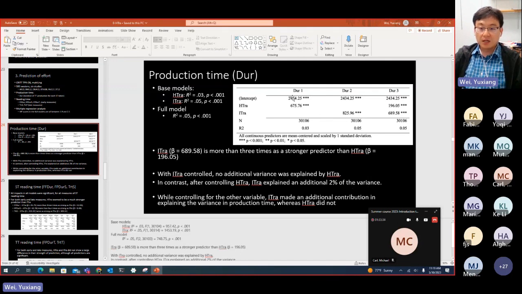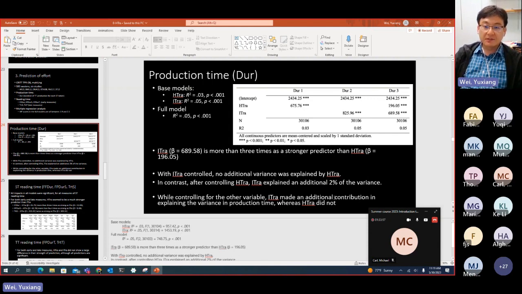So from here, with HTra as an independent variable, if we add ITra to the same model, then we have a larger R-square there, meaning ITra explained an additional percentage of the variance. So, while controlling the other variable, ITra made an additional contribution in explaining the variance in production time, whereas HTra did not.